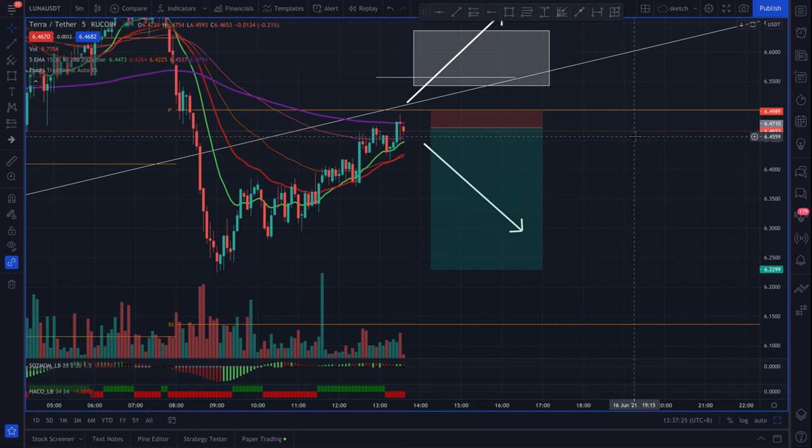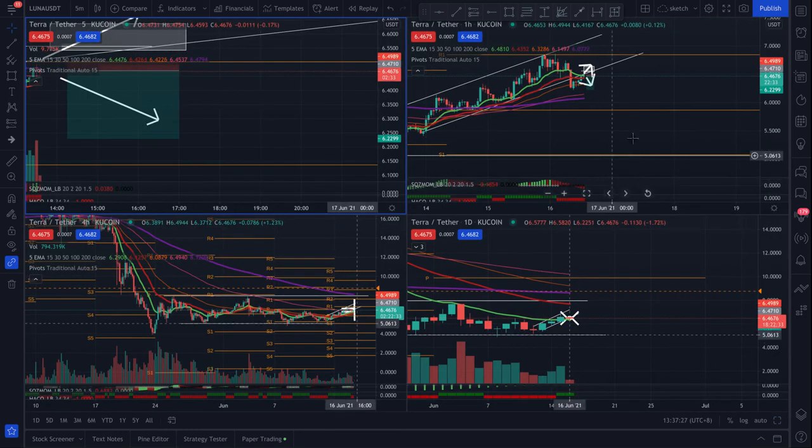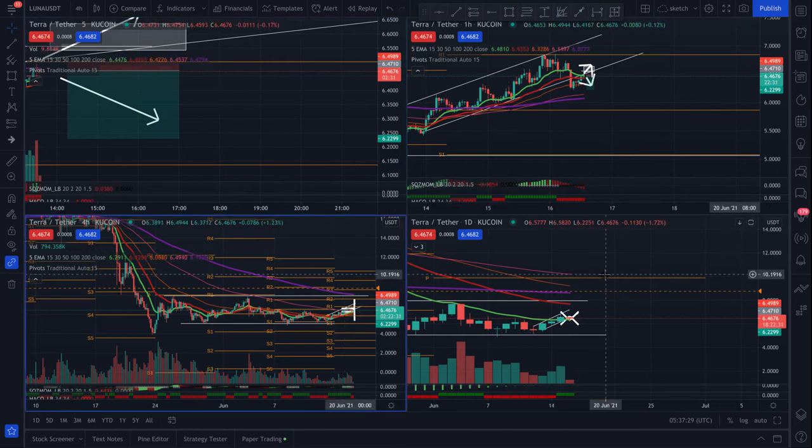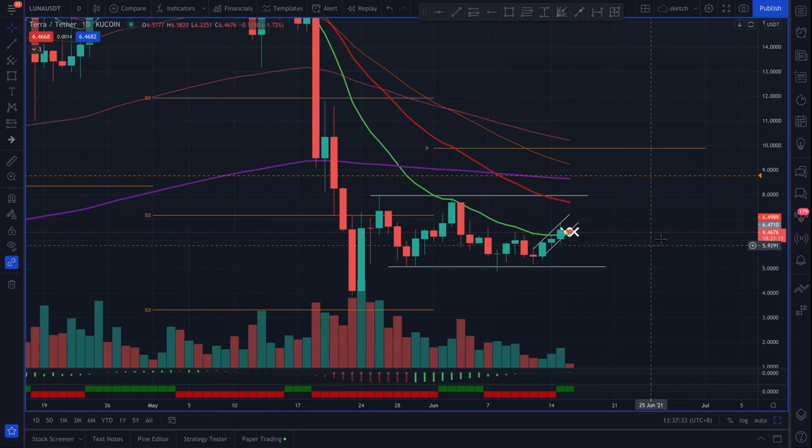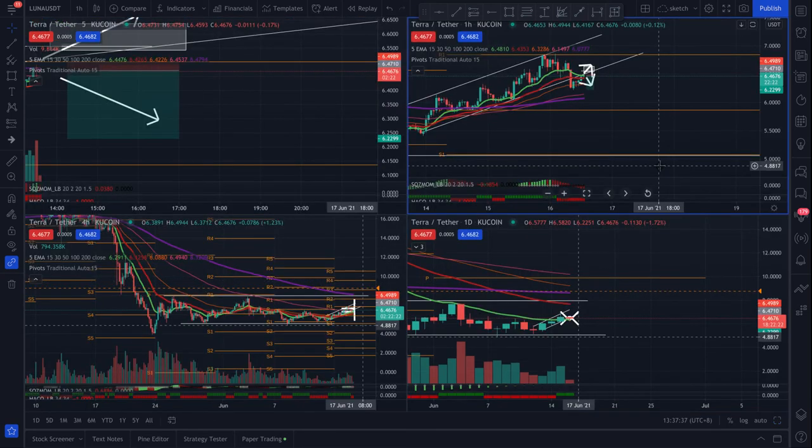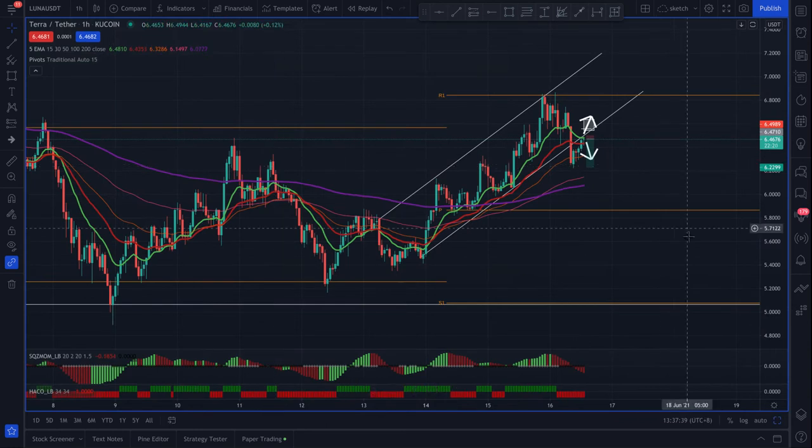But that's for short-term traders, right? How about longer-term traders? Let's see. So for longer-term traders, we'll typically look at the long time frame. Let's just browse around and see.